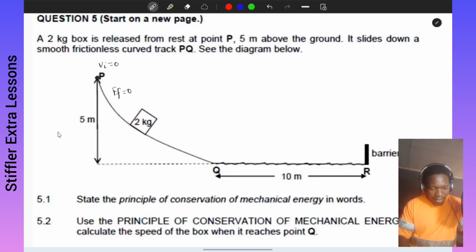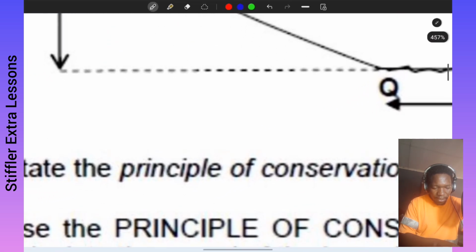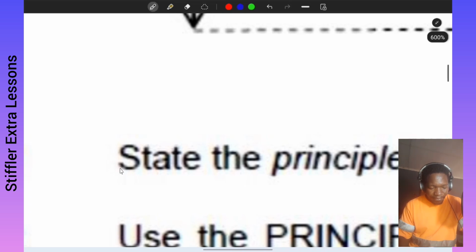The first question says, state the principle of conservation of mechanical energy in words. So what does this principle say? You actually learned that in grade 10.